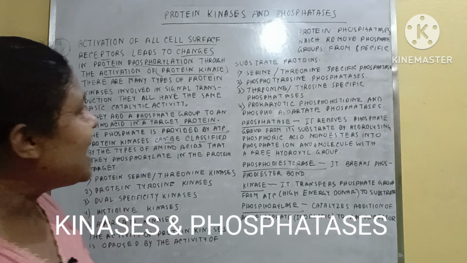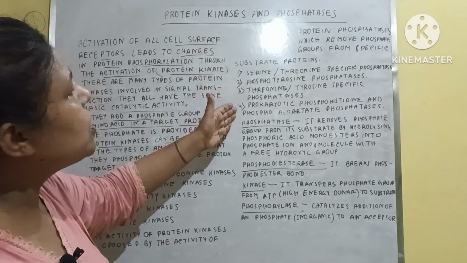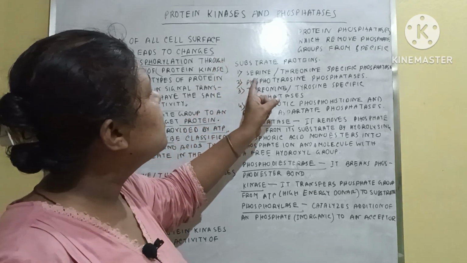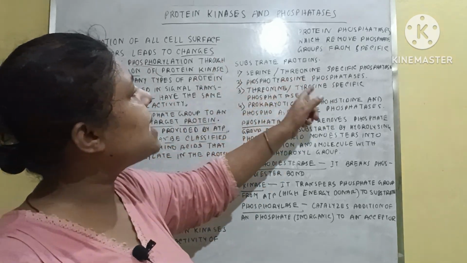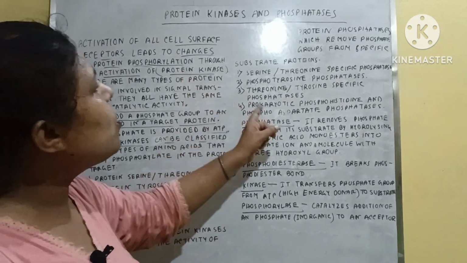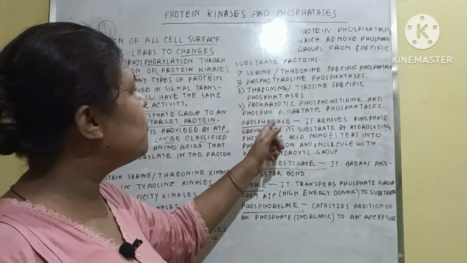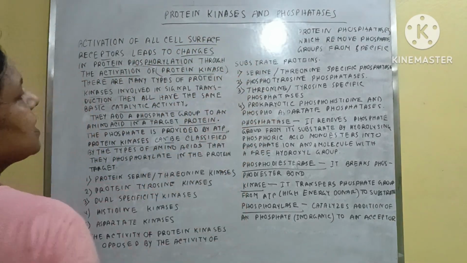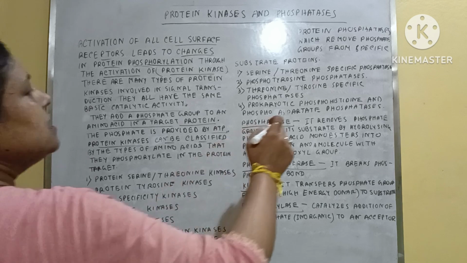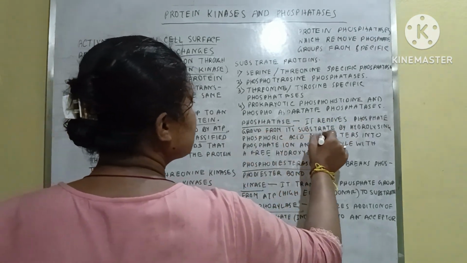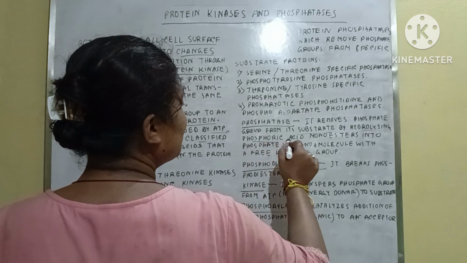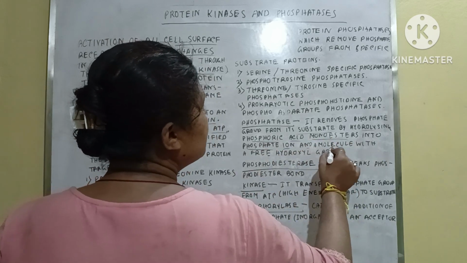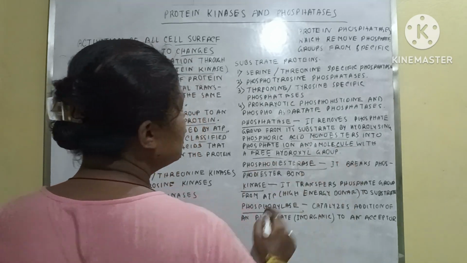In the case of phosphatases, there are 4 types: serine or threonine specific phosphatase, phosphotyrosine phosphatase, threonine tyrosine specific phosphatase, and prokaryotic phosphohistidine and phosphoaspartate phosphatase. So what is the phosphatase's role? It removes the phosphate group from its substrate by hydrolyzing phosphoric acid monoesters into a phosphate ion and a molecule with a free hydroxyl group.